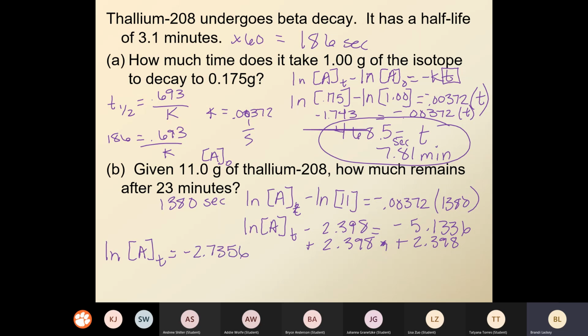Now we currently have the natural log of A, but we don't have A. If you remember from math on the TI-84 calculators, the opposite is always the second button. The opposite of natural log is the e raised to the power button. If we do e to the power on both sides, that will cancel out natural log, leaving us with A.